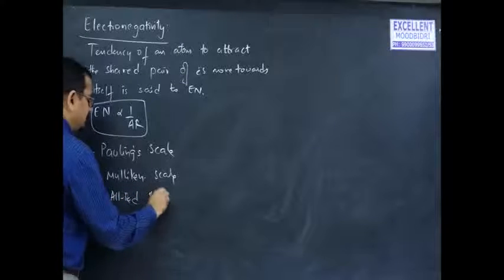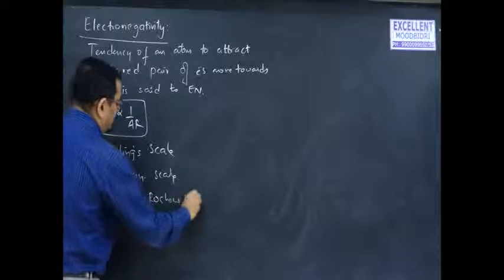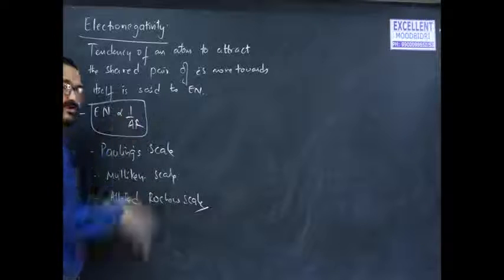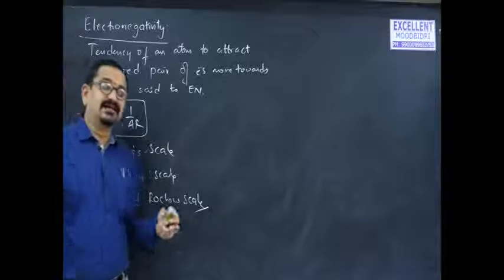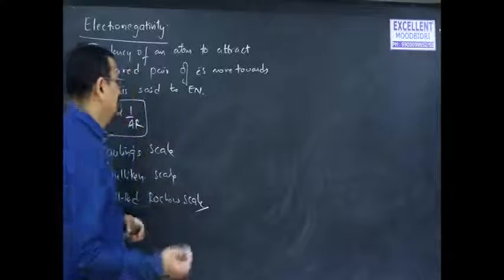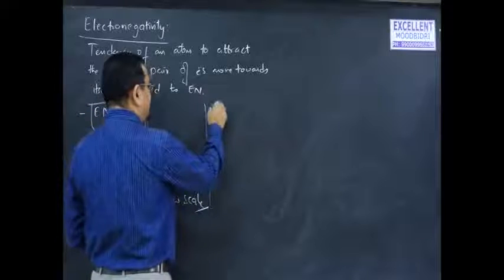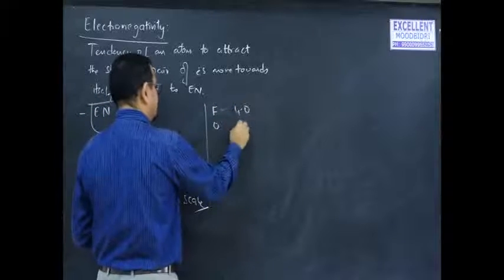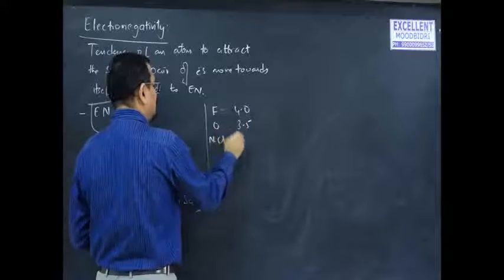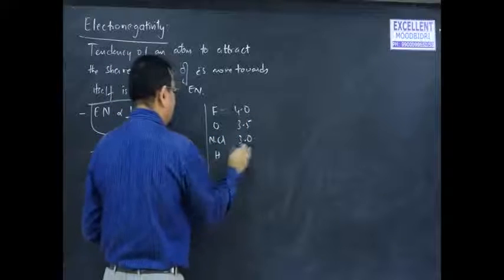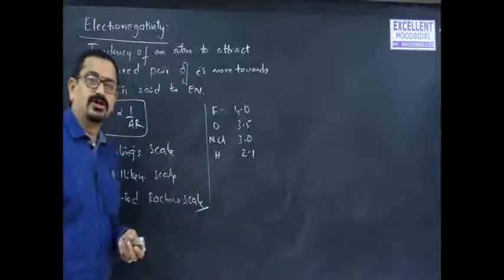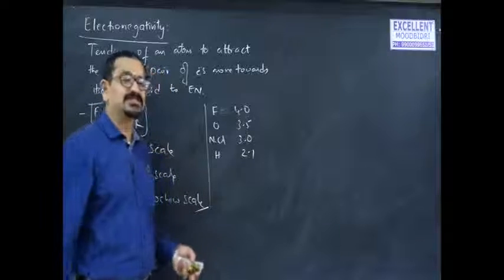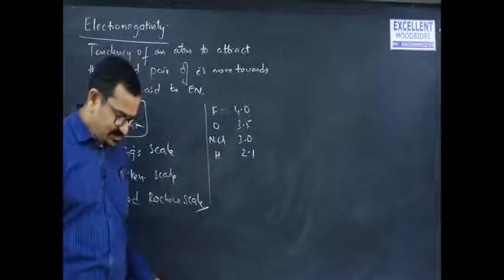But even now we are following the electronegativity values calculated with respect to the Pauling scale. Using the Pauling scale, electronegativity of fluorine is 4.0, oxygen 3.5, nitrogen and chlorine 3.0, hydrogen 2.1, etc. Better you remember some electronegativity values so that you can answer some questions with more ease, right.